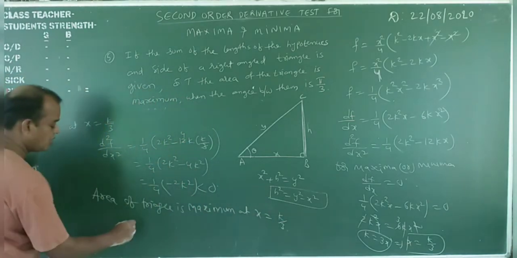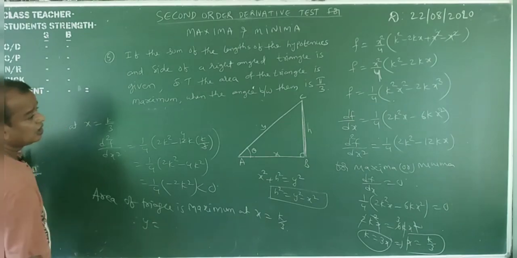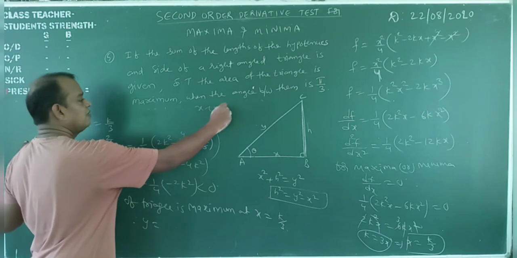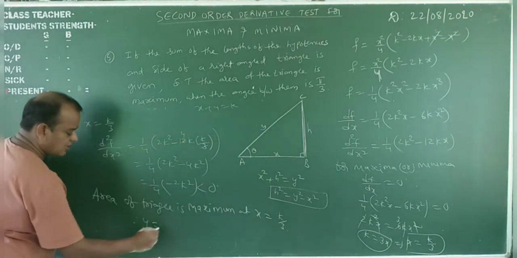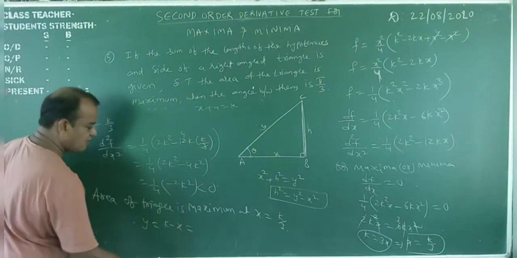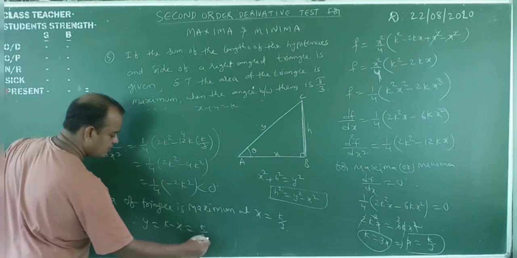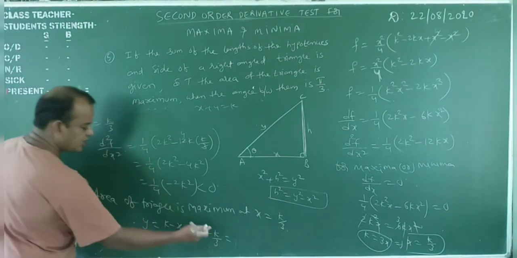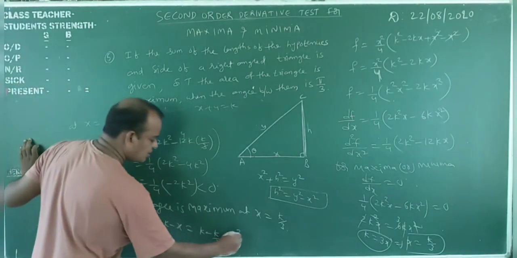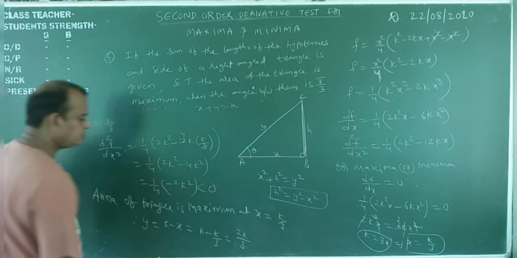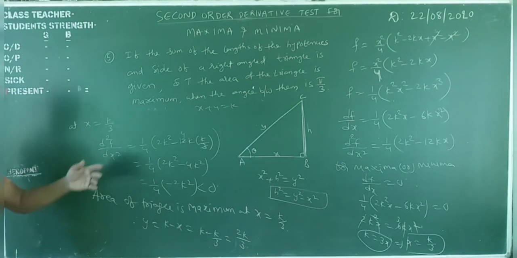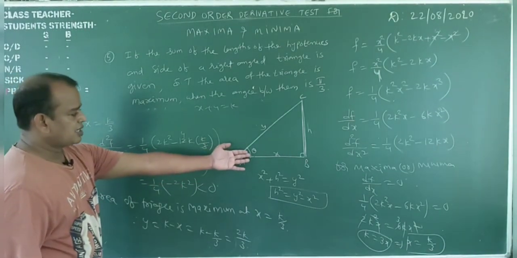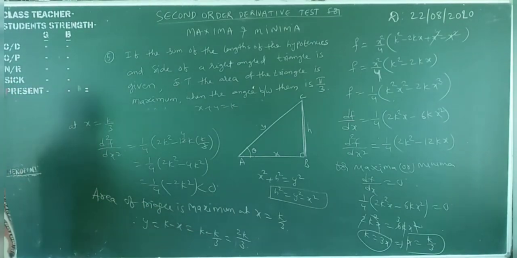Therefore, what is y? X plus y is equal to k, so y is equal to k minus x. Substituting x equal to k by 3, k minus k by 3 is (3k minus k) by 3, that is 2k by 3. Now in the triangle ABC, we can take sin theta or cos theta, no problem at all.